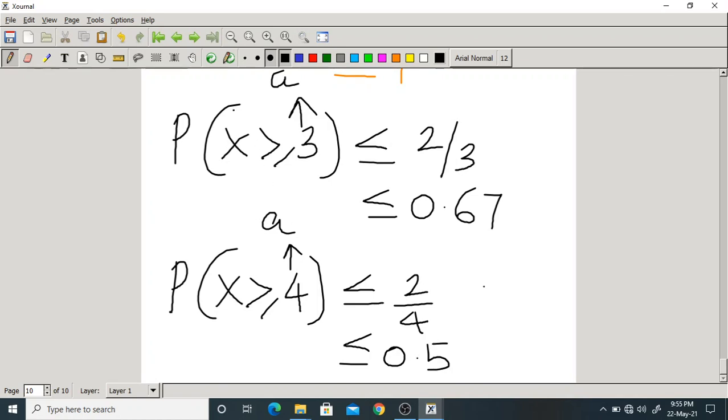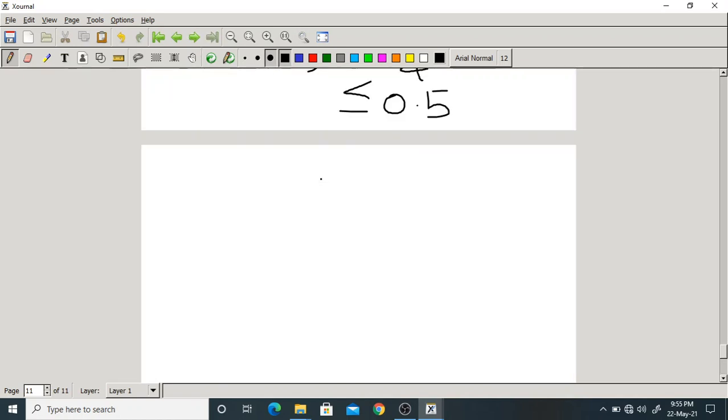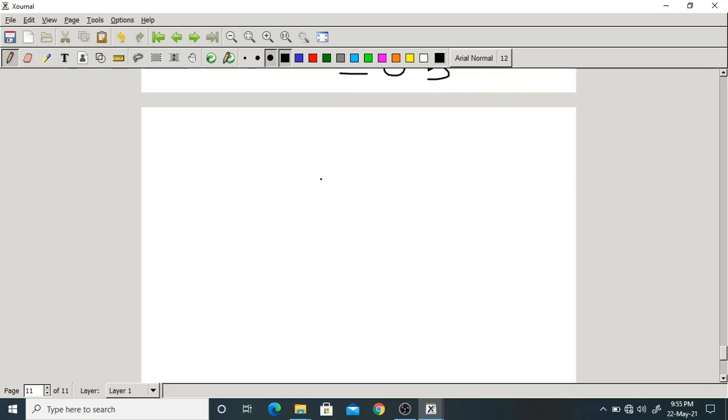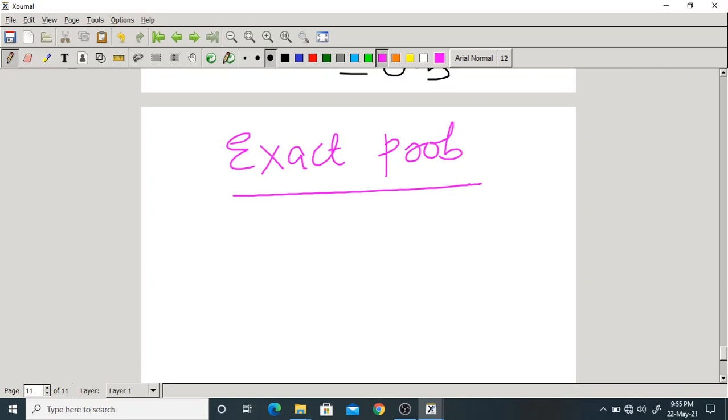Now till now what we got is just inequalities. But in this example they have mentioned the PDF. Let us calculate exact probabilities. To calculate this, once again let me draw the PDF.